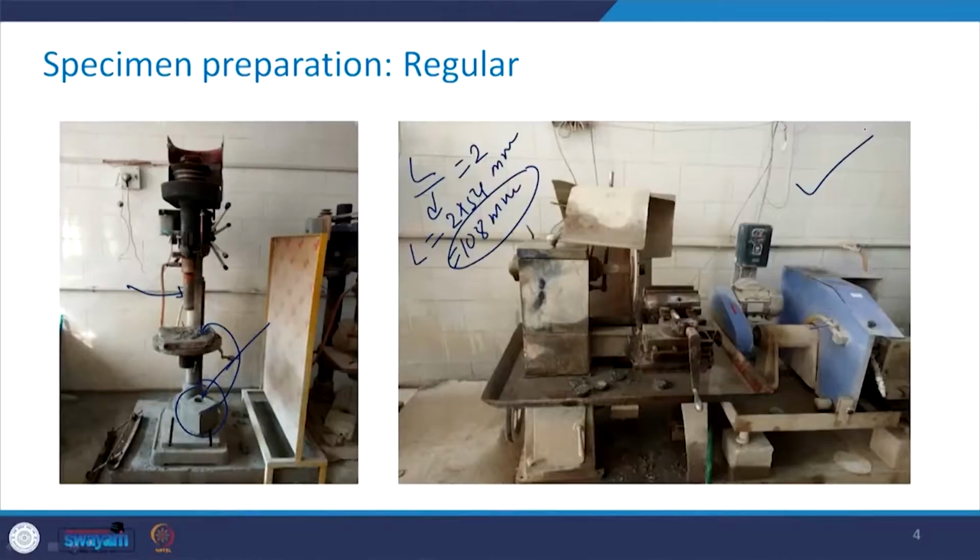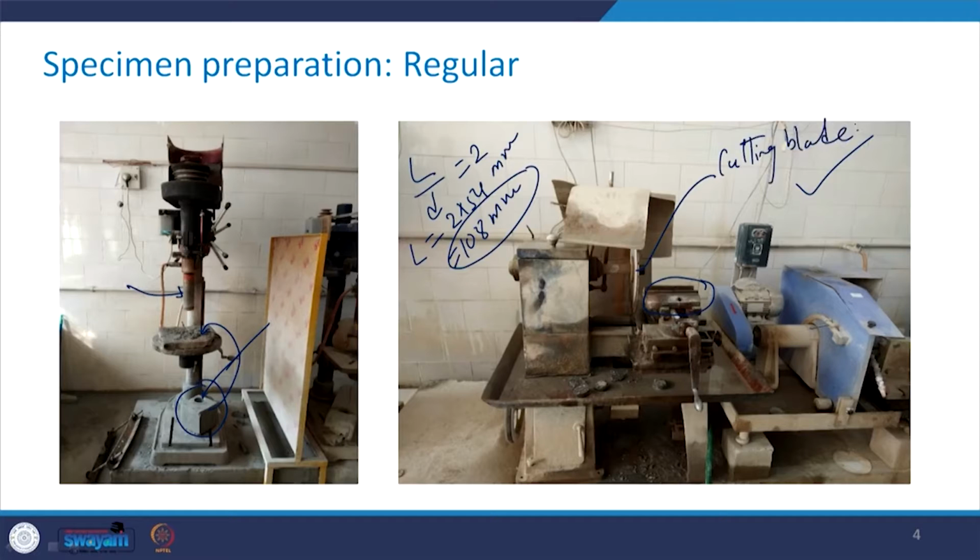Okay, so we have to keep some margin for the smoothening of the end surfaces, and then we have to put that longer specimen in this cutting machine. Here you can see a sleeve is there. Okay, so you place the specimen here, and you can see here that this is your cutting blade. So when this blade rotates, what happens?